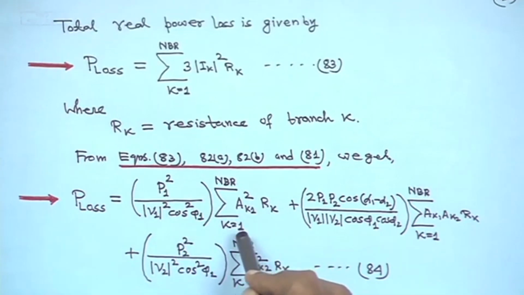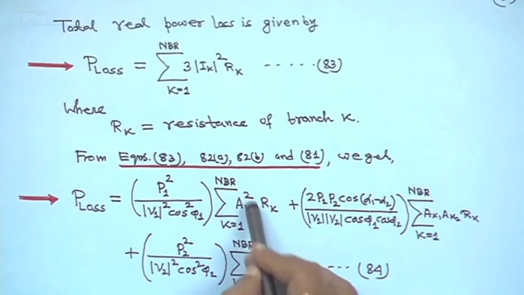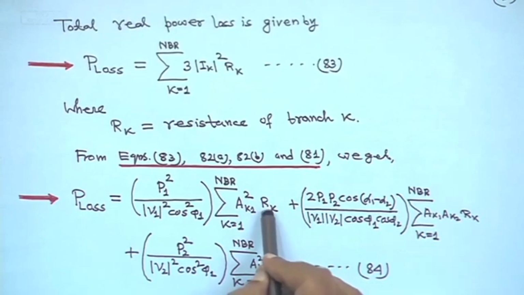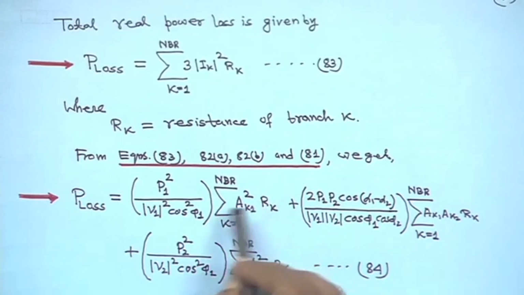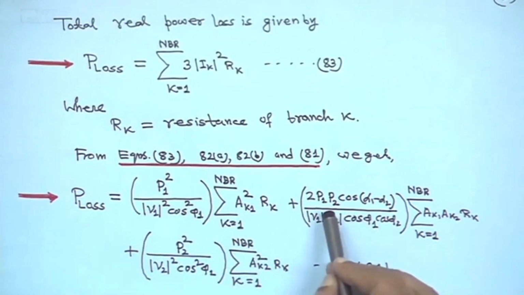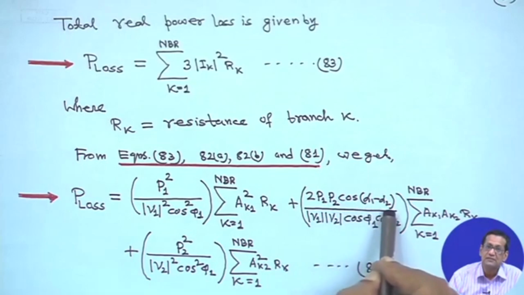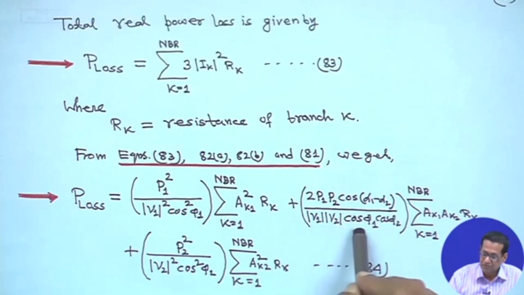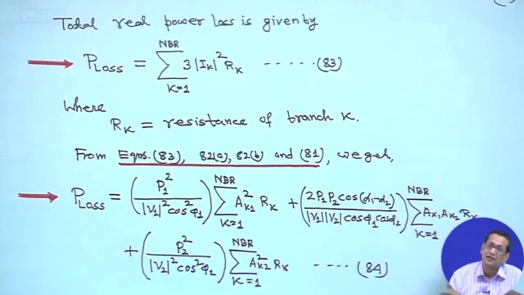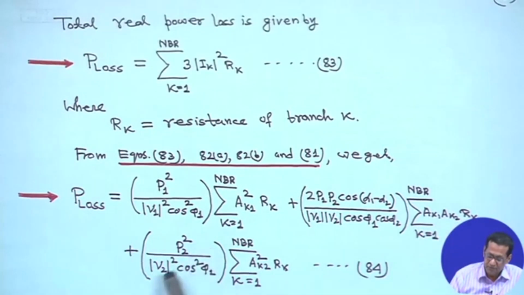Then in bracket, sigma k is equal to 1 to nbr, a_k1 square r_k, the kth term, the kth coefficient, right, you put in the sigma, but other things you take out, plus 2 P1 P2 cosine of alpha 1 minus alpha 2 divided by V1 V2 cos phi 1 cos phi 2, take it out, sigma k is equal to 1 to nbr, number of branches, a_k1 into a_k2 into r_k, right, plus P2 square upon V2 square cos square phi 2, sigma k is equal to 1 to nbr, then a_k2 square into r_k.